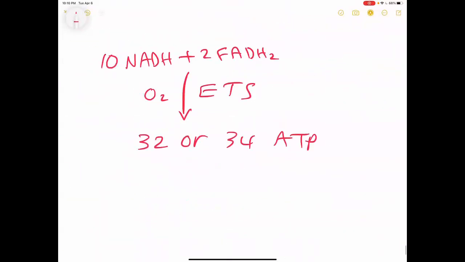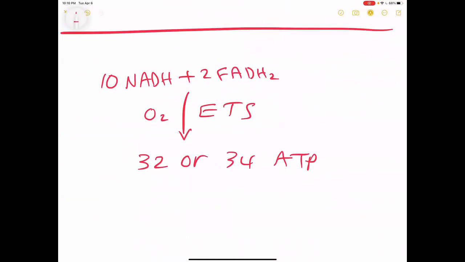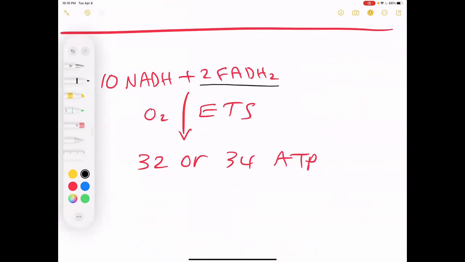All right, so let's do this. Use a different color. Use black. I have 2 FADH2. Based on the key, the 2 FADH2 going to the electron transport system will give me 2 each, so 4 adenosine triphosphate.